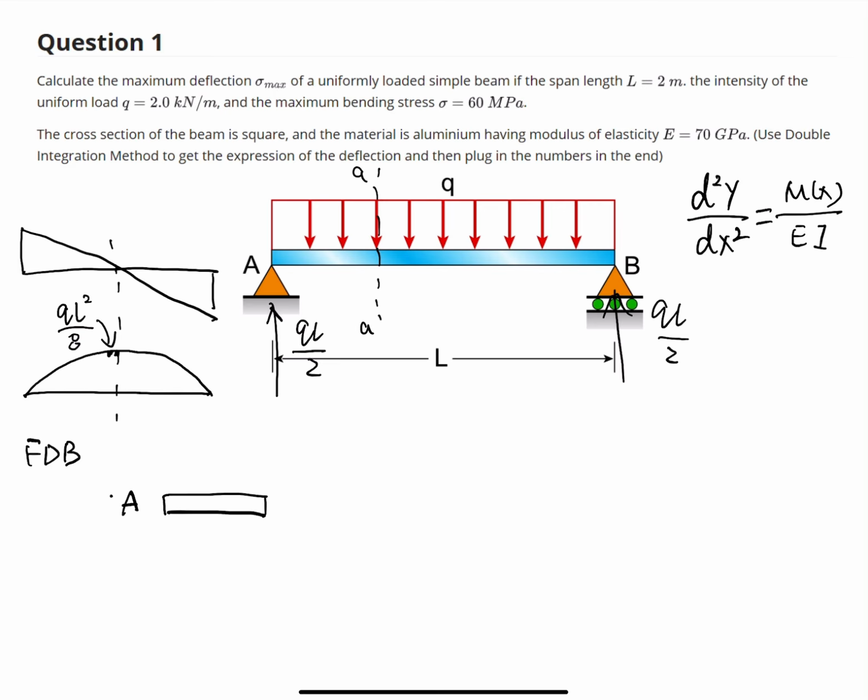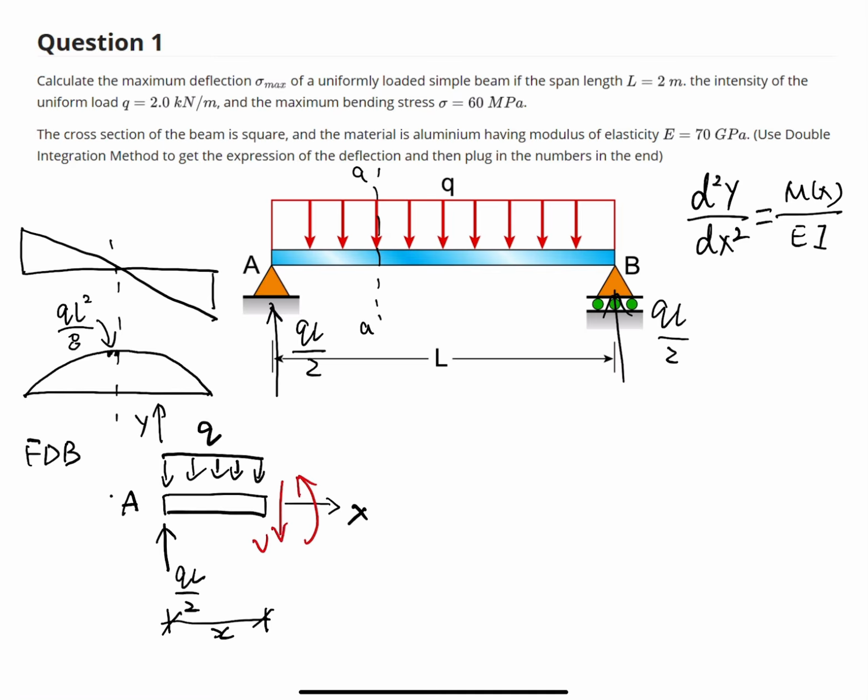This is support A. We have the reaction force qL over 2, the distributed load q, and the distance is x. This is the coordinate system, and we have shear force V and bending moment M on the cutting section A to A.